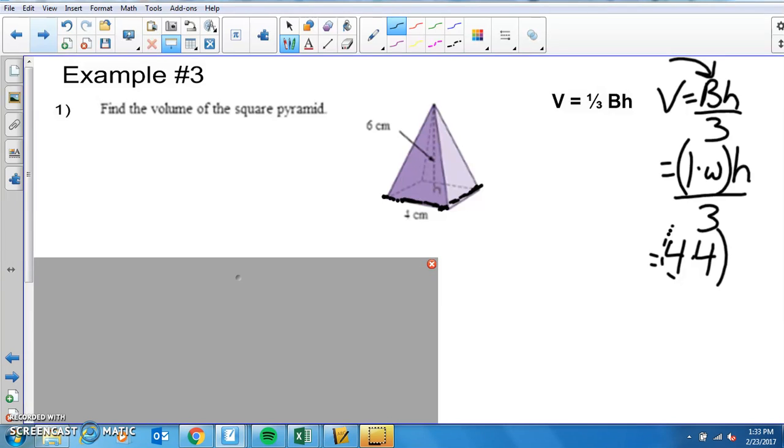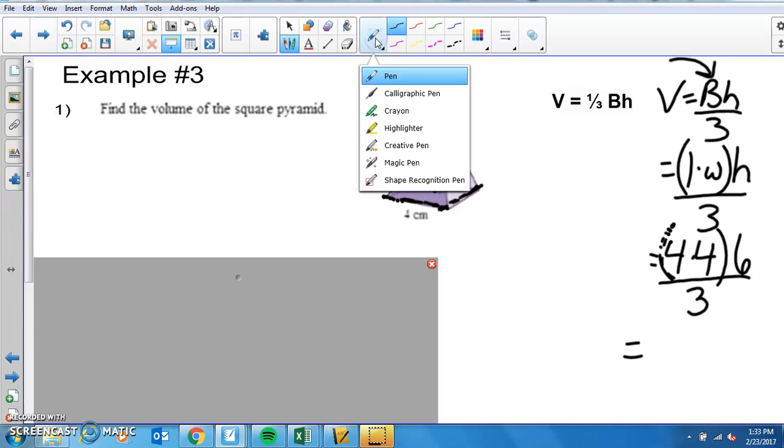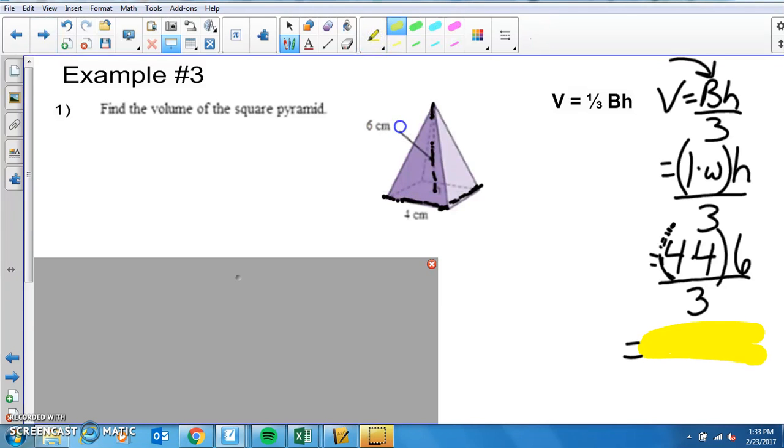Our height is what goes from top to bottom, which would be 6. We're going to divide all of that by 3. So if you'll multiply and divide to find this volume here. Okay. What I want you to do is to work the remainder of this problem to get this answer.